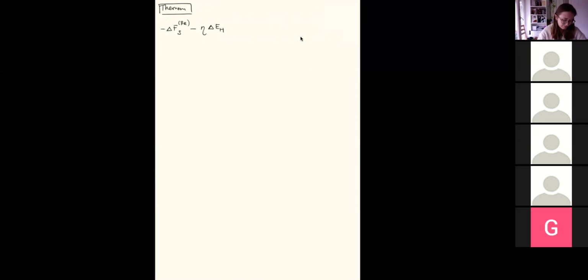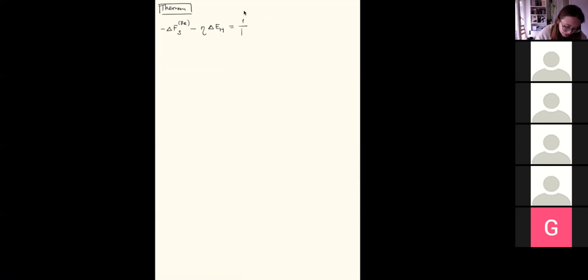And it can be useful to have our expression exactly in terms of this change, because the hot bath can be seen as kind of an energetic resource one must use or expend to cool the system S, the target system. So it just shows how much energy we have consumed cooling our system S.